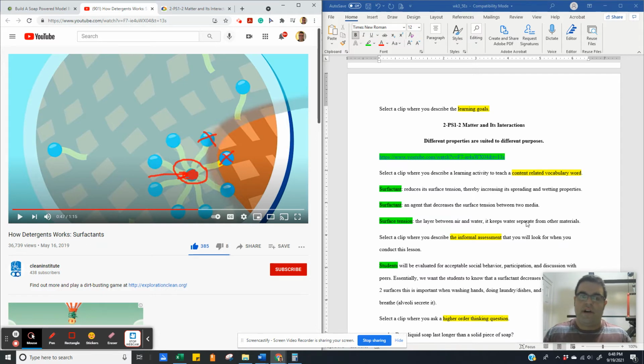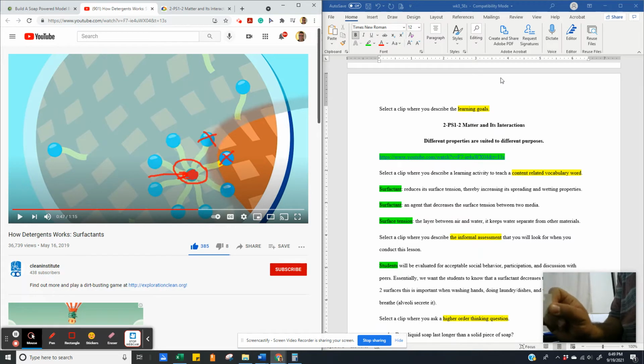Surface tension, surfactant, hydrophobic and hydrophilic are our vocabulary words for this assignment, and at some point throughout the lesson, the teacher should make sure that the students touch up on that.